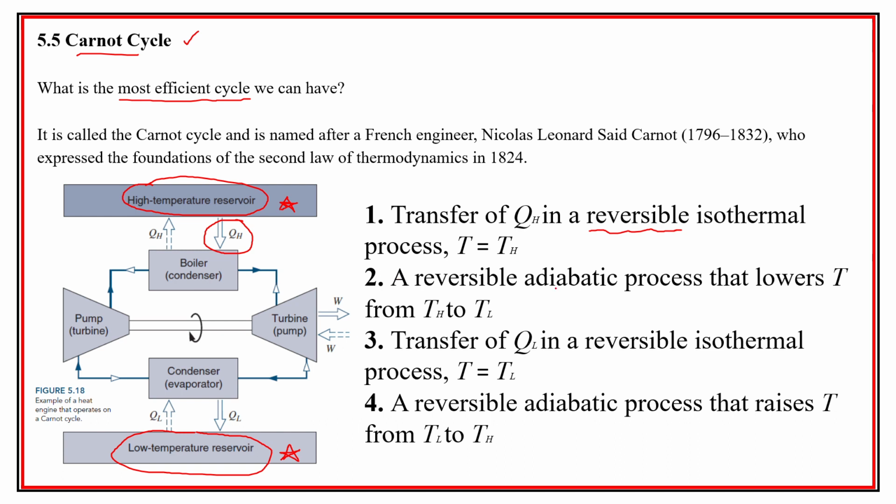Next, we're going to have a reversible adiabatic process that lowers the temperature from TH to TL. Right, and in that case, it's going to go through a turbine, right? So we're going in the clockwise direction for the engine in this image, and that's where we're going to extract some work out, right? So we're putting heat in here. I think I'm correct.